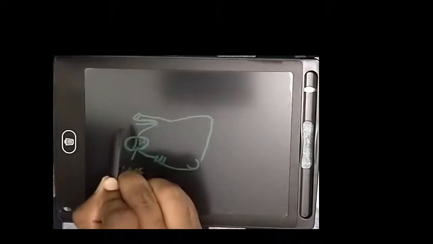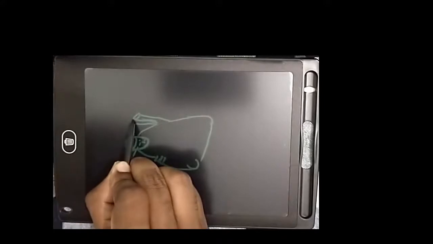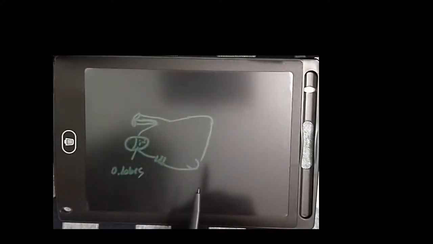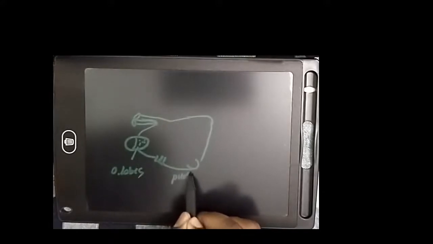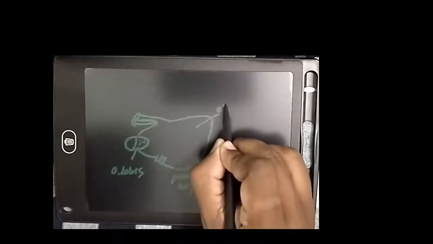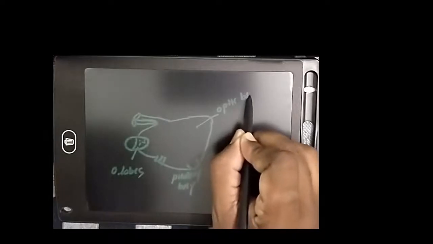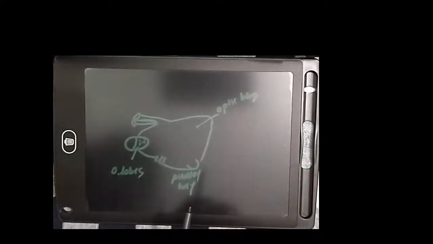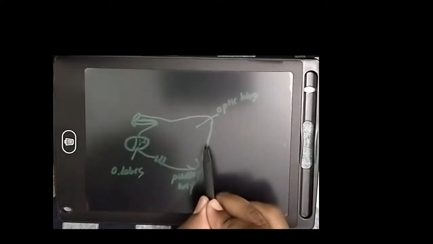Then one other important structure is the pineal body. This pineal body is well developed in Petromyzon. With respect to the midbrain, optic lobes are present here but are imperfectly differentiated.